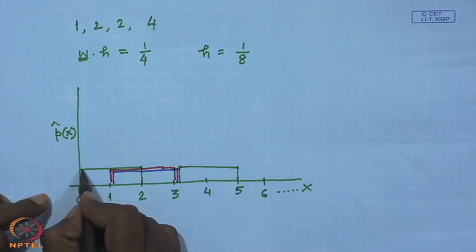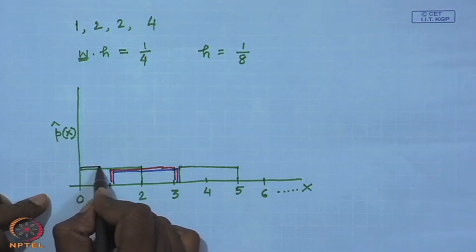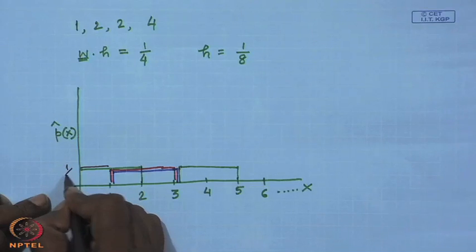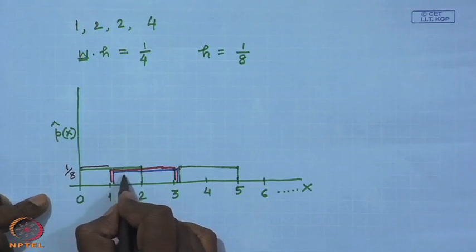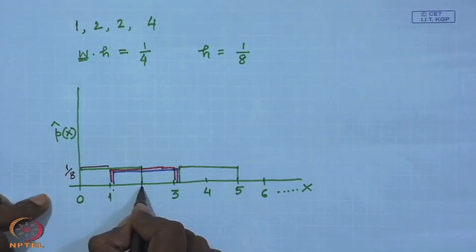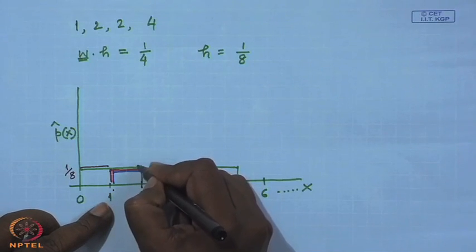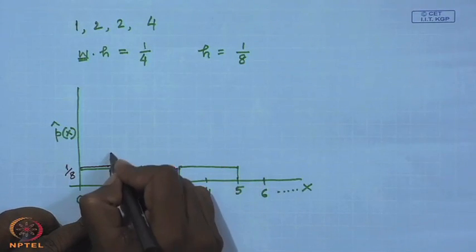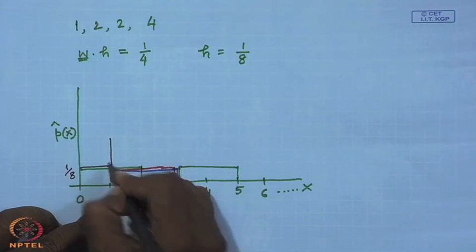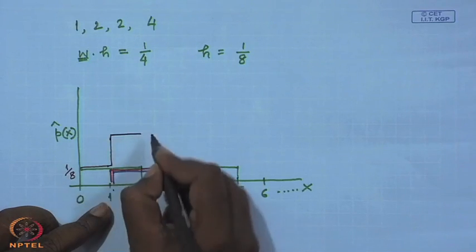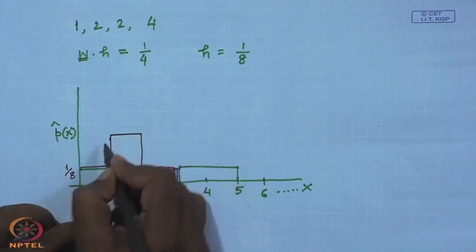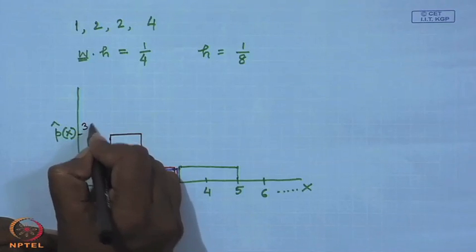So, here you find that I had only one window, this is 1 upon 8. Here from 1 to 2, in this region, there are 3 windows which are superimposed. So, in these locations, the height of the probability density will be 3 by 8.